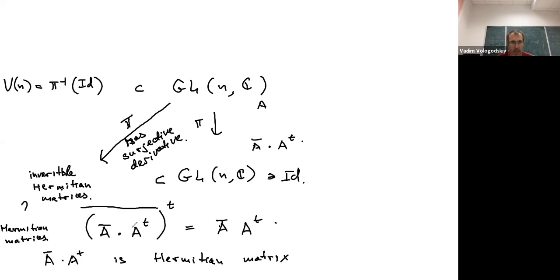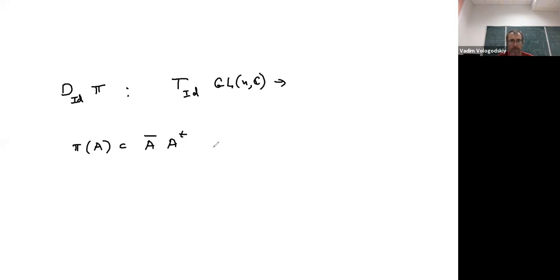So this should be a map from the tangent space at the identity to GL_n(C) to the space of Hermitian matrices, which I'll call the vector space H. This is a tangent space to an open subset of a vector space, so I can identify this tangent space with H itself.